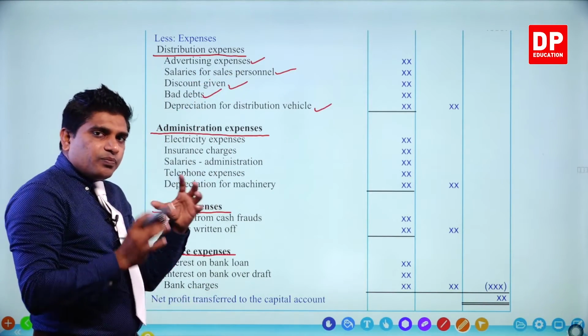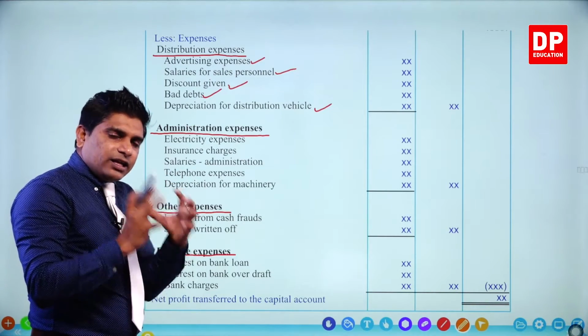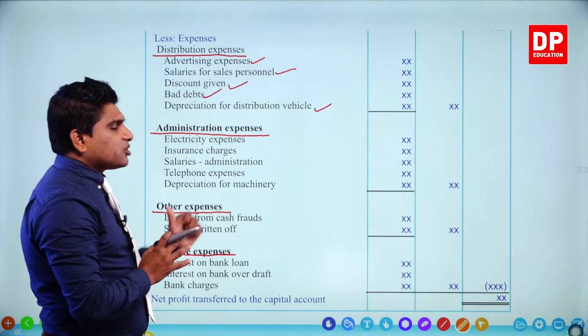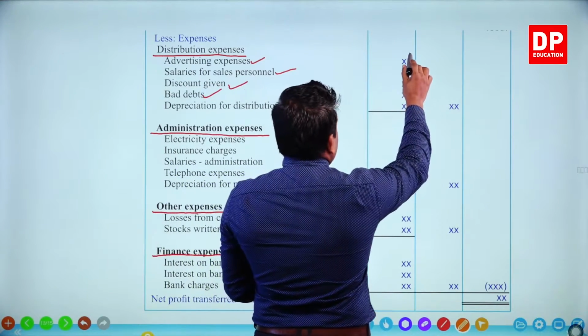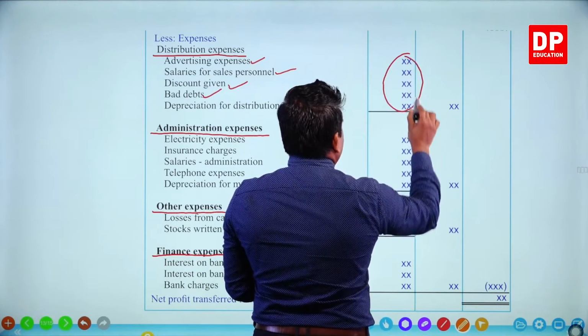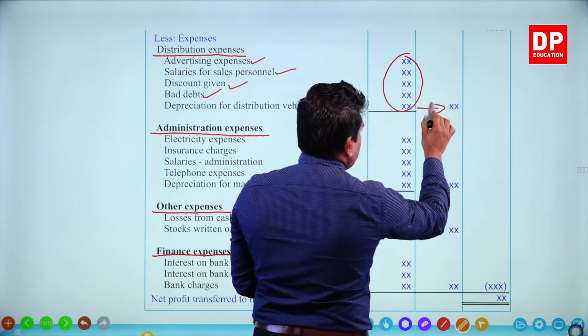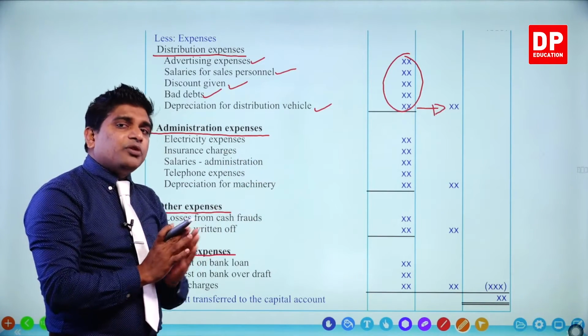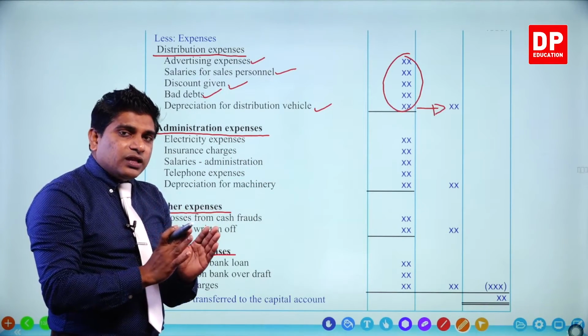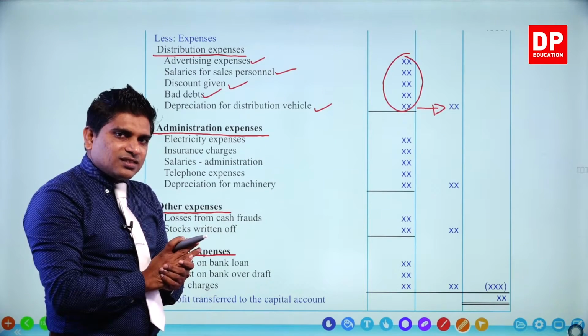These kinds of distributing related expenses are recorded under the distributing expense category. One by one their values we put here, but the total we bring to the second column. In the second column you can see only the total of each expense.